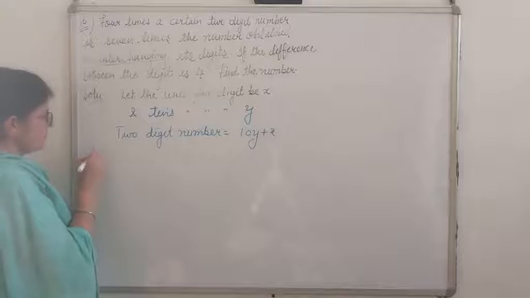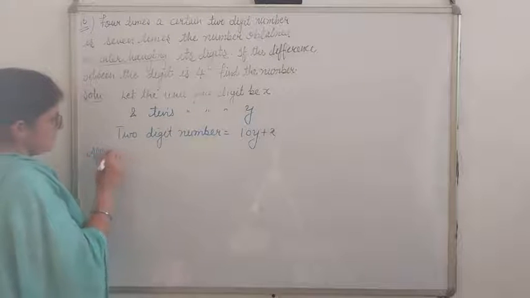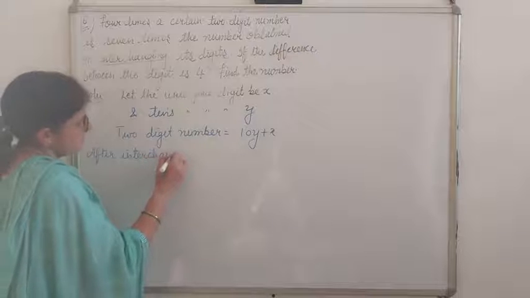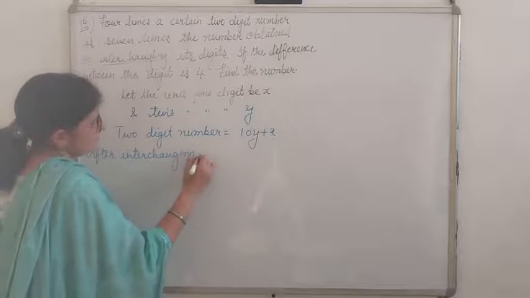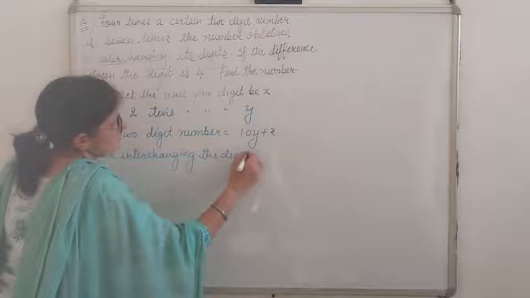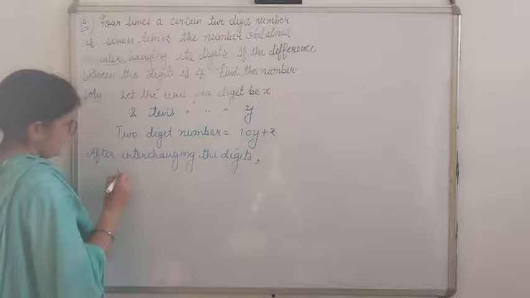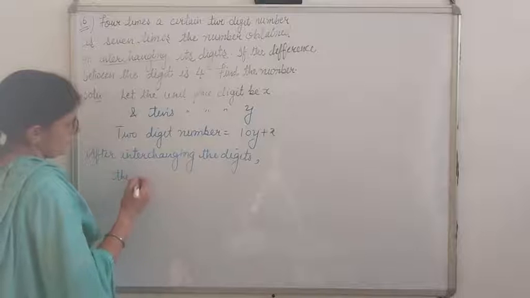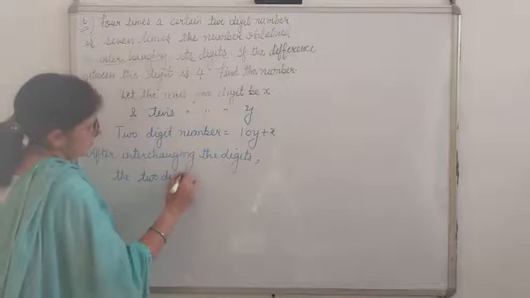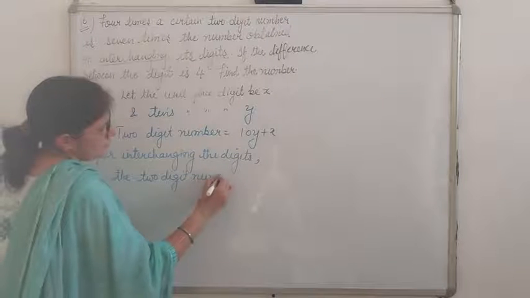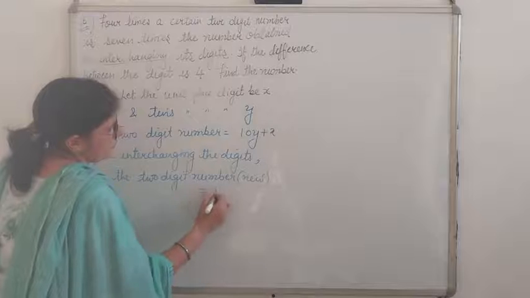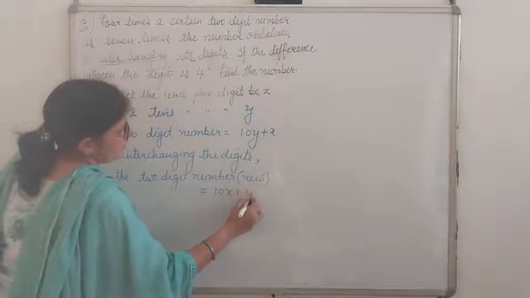They said 4 times a certain 2-digit number is 7 times the number obtained on interchanging the digits. So after interchanging the digits, the new 2-digit number is 10x plus y.